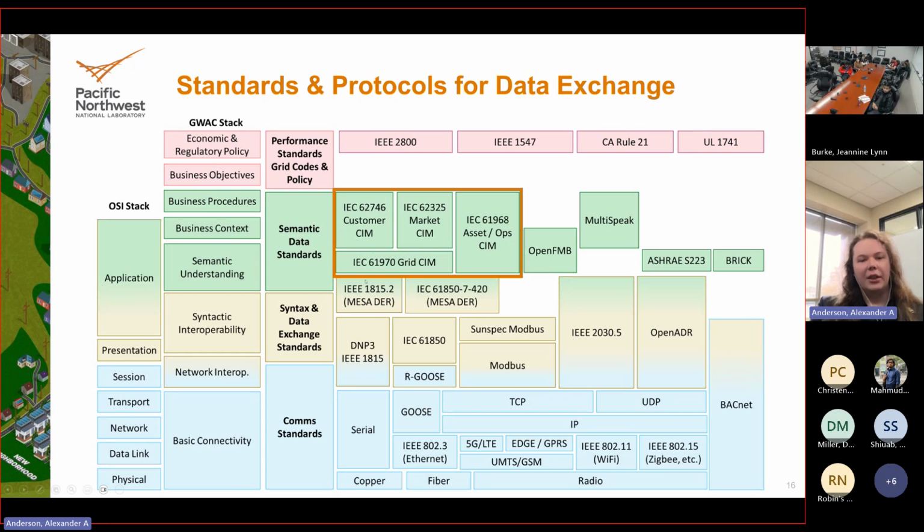You still need your presentation, session, transport, physical, all of those additional layers and all of those additional protocols to get full network interoperability. And then you also still need your regulatory and policy standards like 1547, California Rule 21 for inverter performance, 2800 for large-scale IBRs.